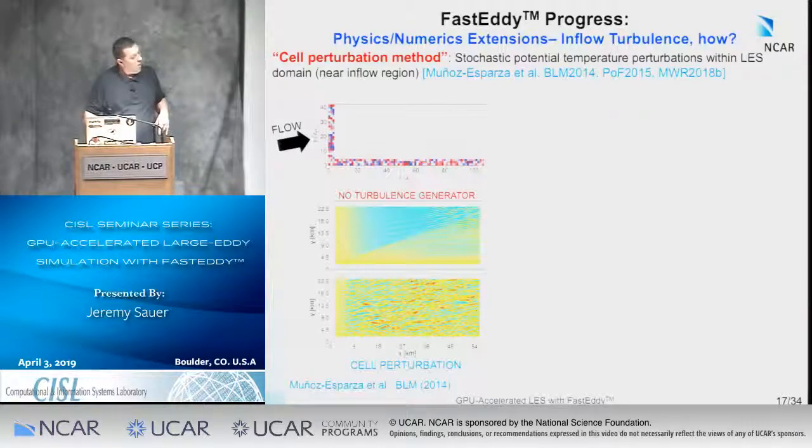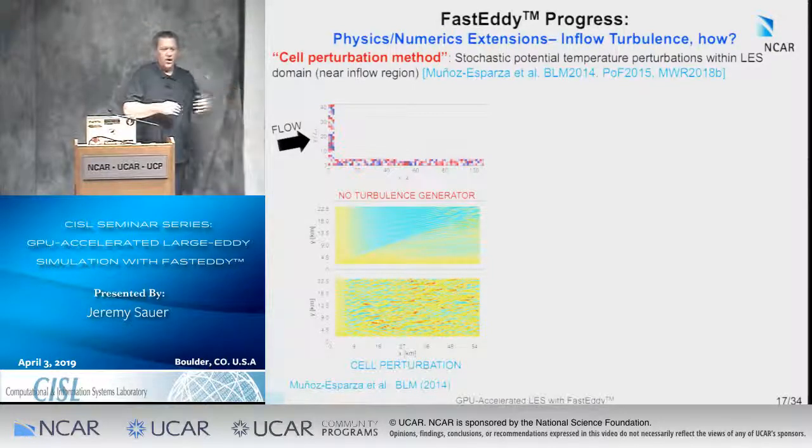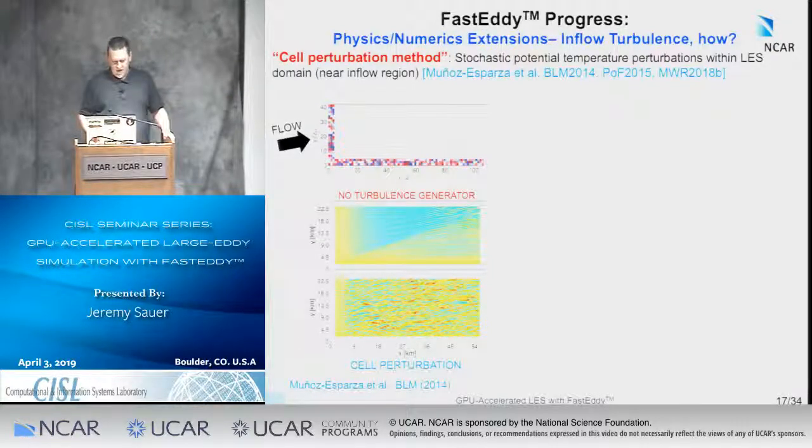So what manifests, rather than smooth conditions propagating through the domain until finally something starts to kick up, is that you get very rapid instigation of resolved turbulence. And this is very important for limited area domain models, particularly LES, where you want to do, let's say, 25 square kilometers, most of the Boulder area, or maybe even the Denver area. You need a way to kick up that resolved turbulence.